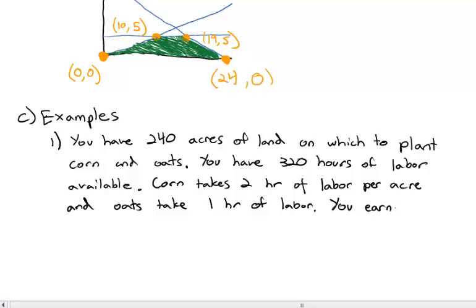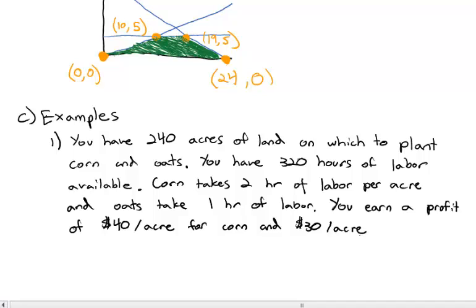You earn a profit of $40 per acre for corn and $30 per acre for oats.